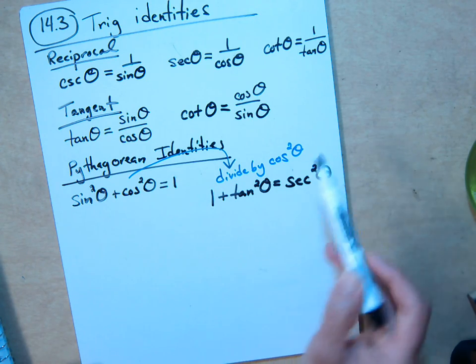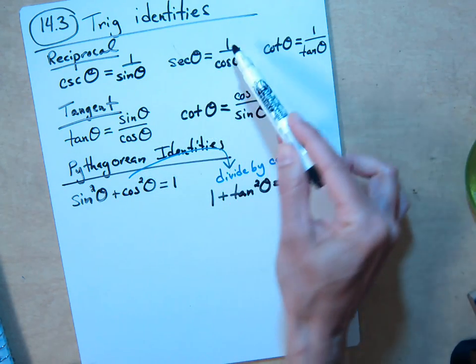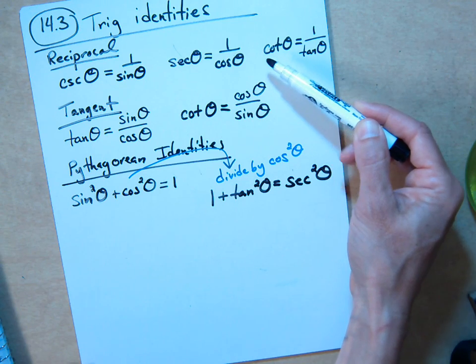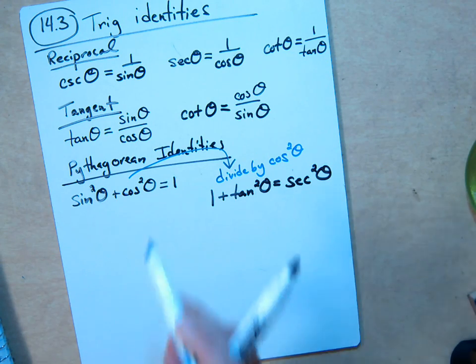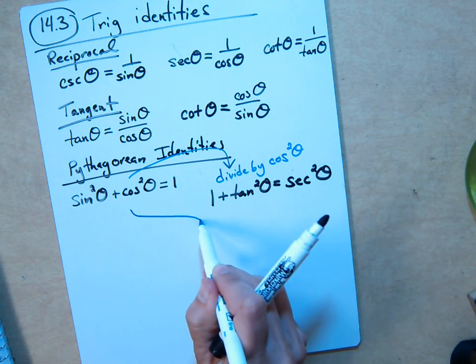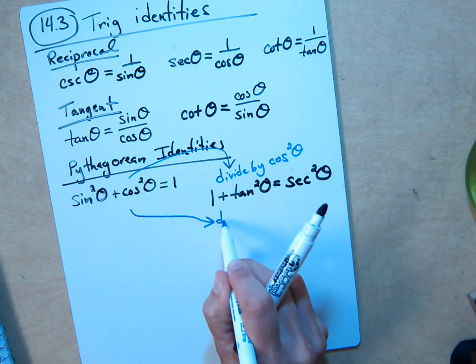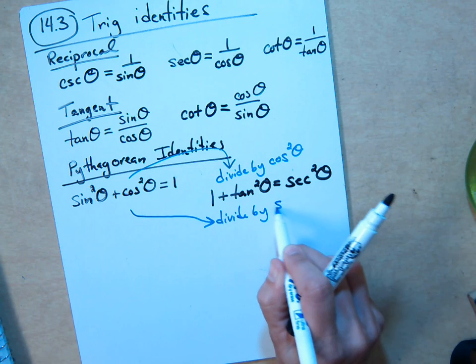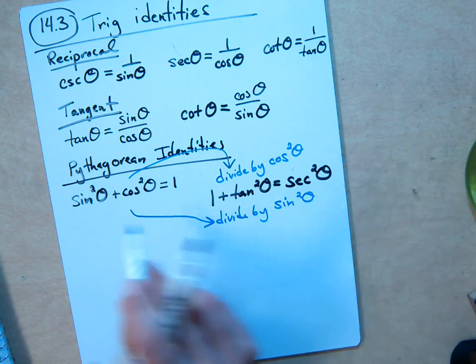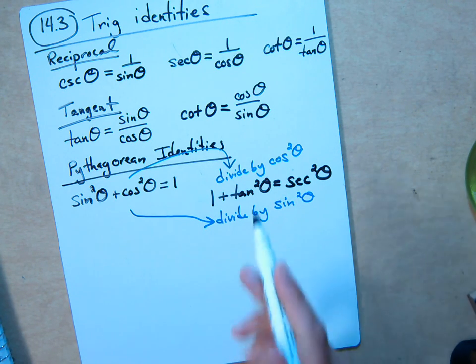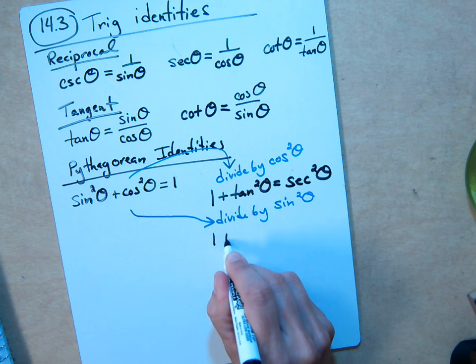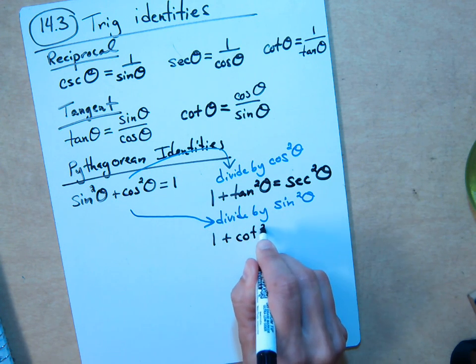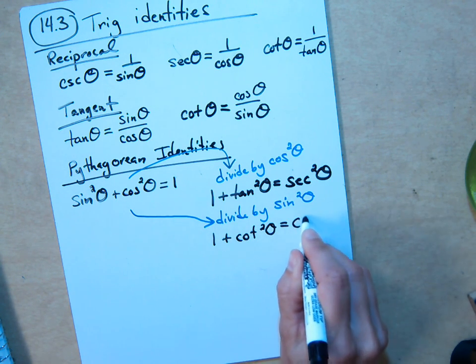Why? Because secant is 1 over cosine from up here. And then the last one, you will divide everything by sine squared. Divide all 3 of these by sine squared, and you'll get 1 plus cotangent squared theta equals cosecant squared theta.